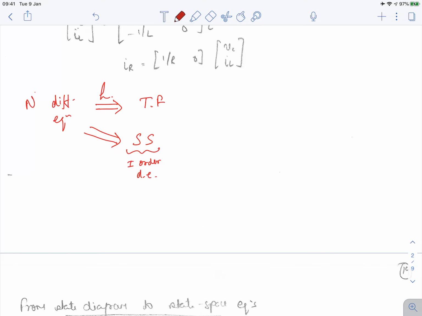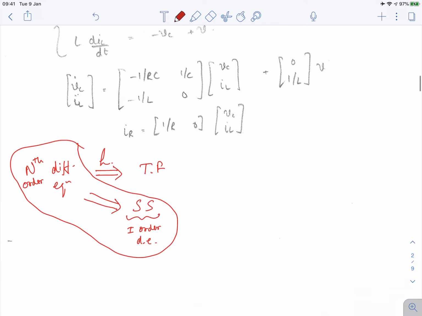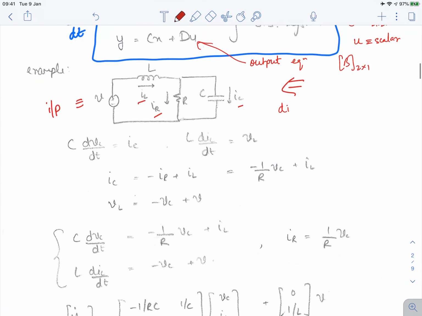Yeah, here we write the nth order differential equation, and here I will write the state space representation, which is a first order differential equation. So this path is useful, because if I have the first order differential equation, then it is easier to analyze the other aspects of the system.